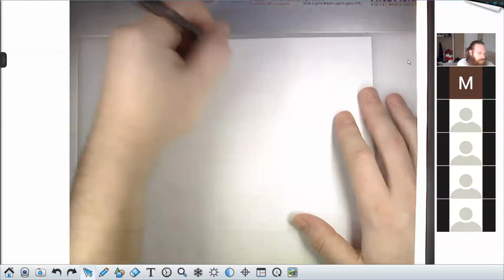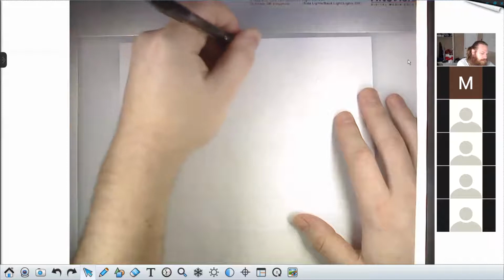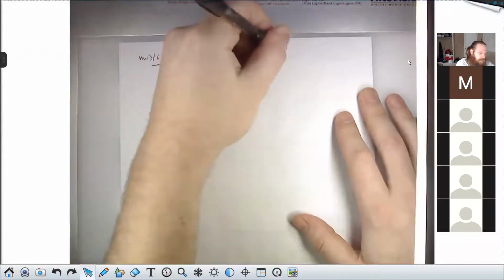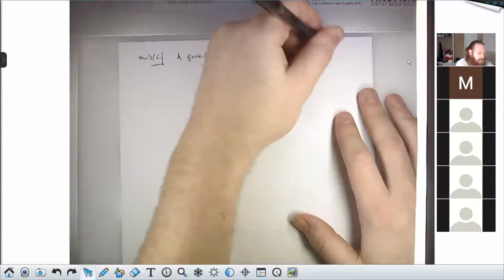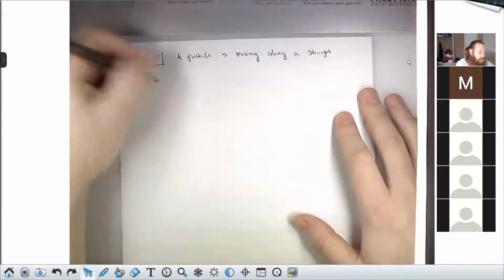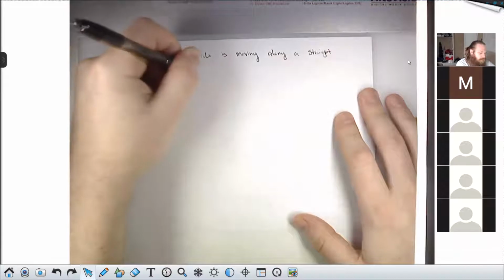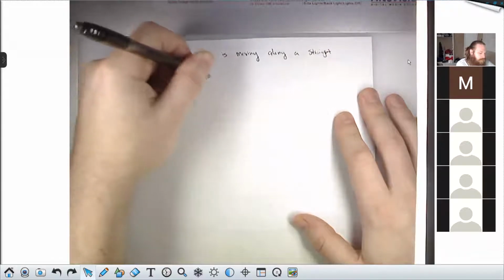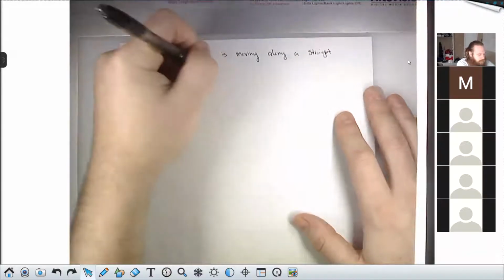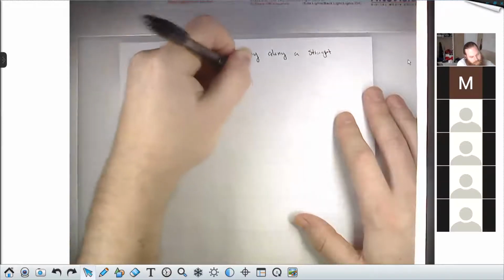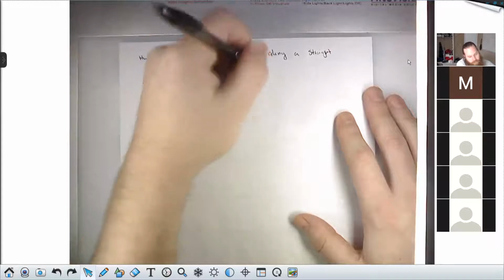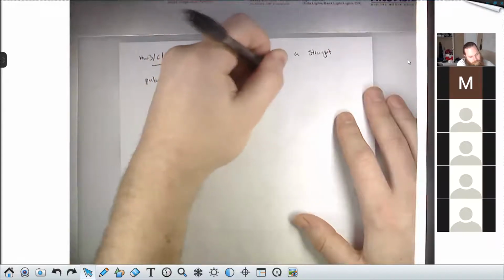A particle is moving along a straight path with displacement function s of t equal to 4 over t squared.